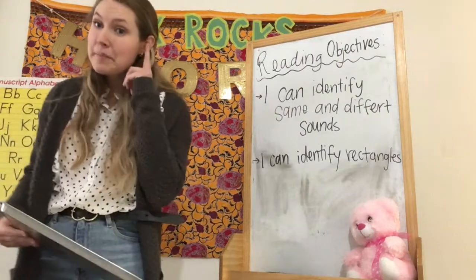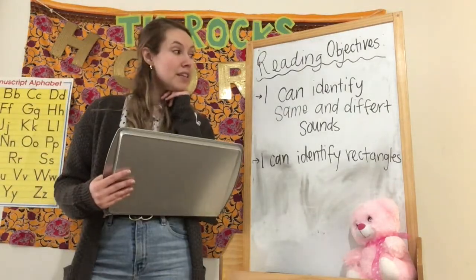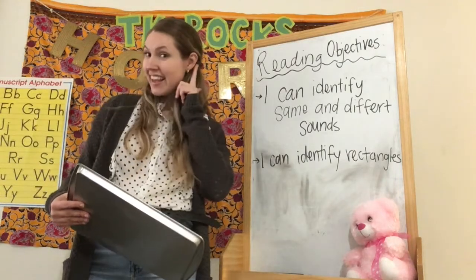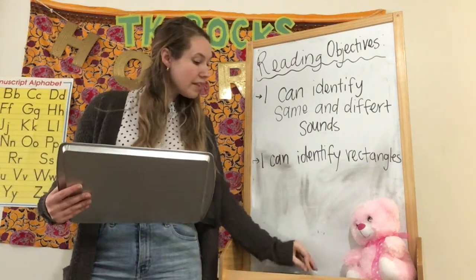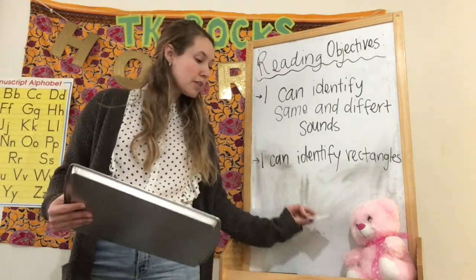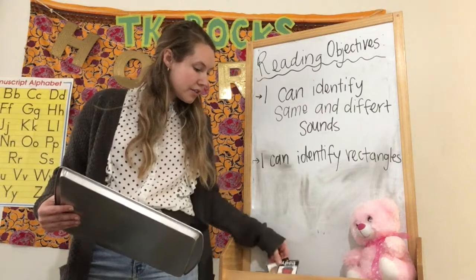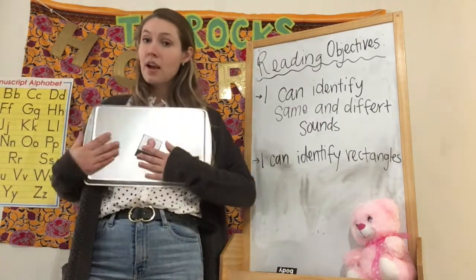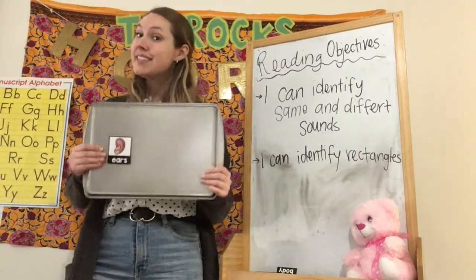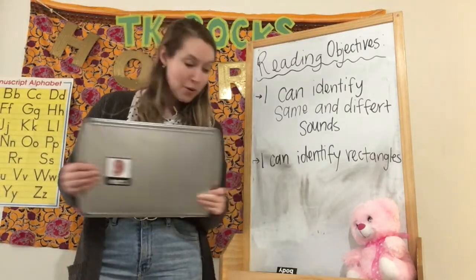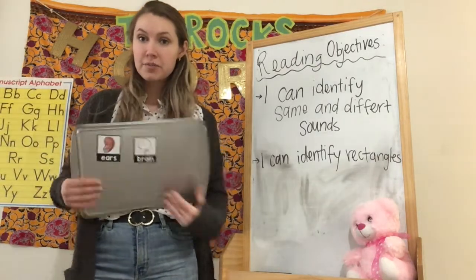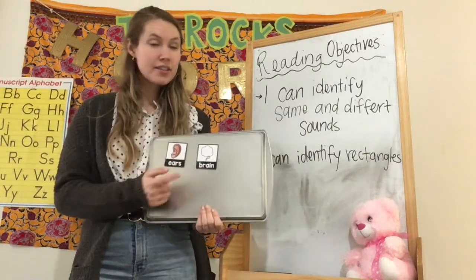But because we're thinking about sounds that we need to differentiate between, we're going to need to use our ears, because when we think about sounds, we're thinking about things that we can hear. So today, we're going to need to use our ears to think, is the sound the same or is it different? Now, in order to think about that, we're definitely going to need to use our brain. So for our first objective here, we've got our ears and our brain.